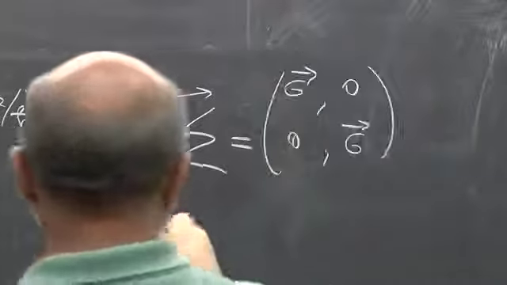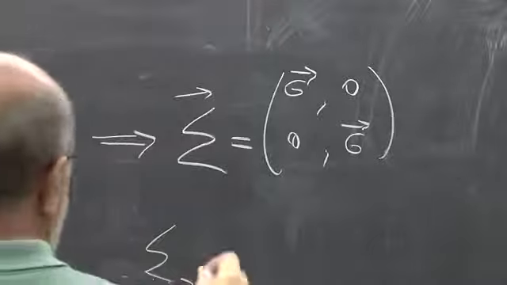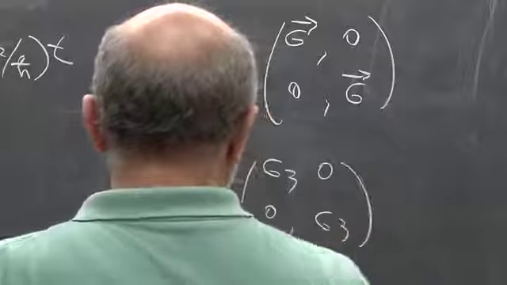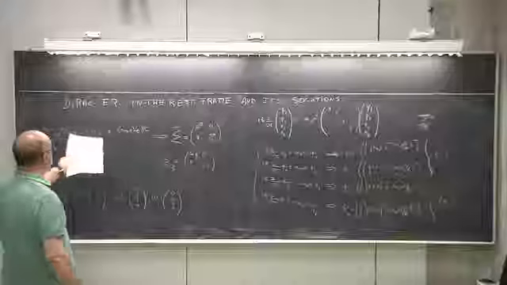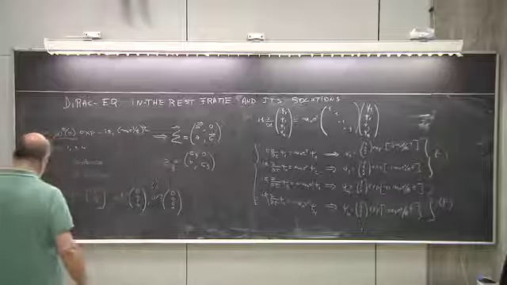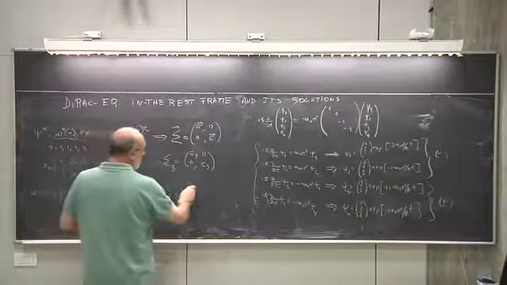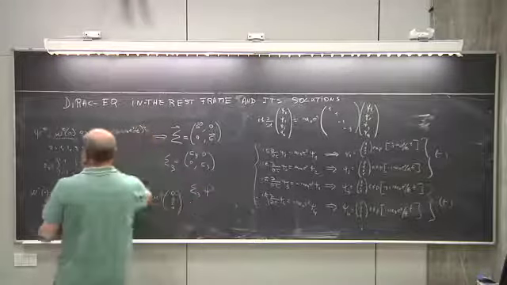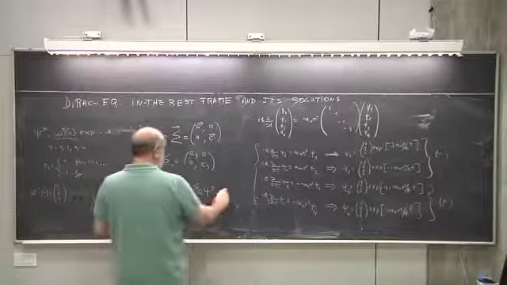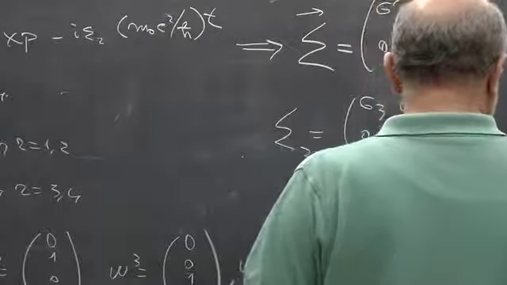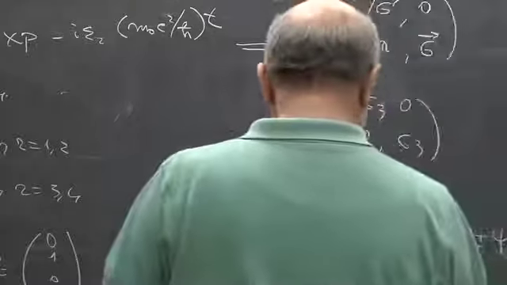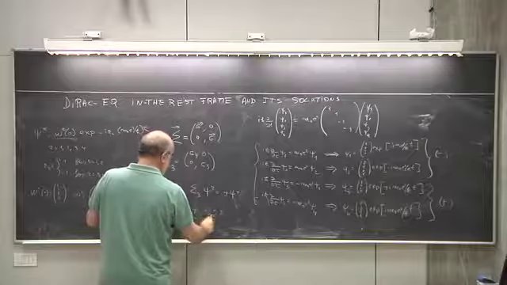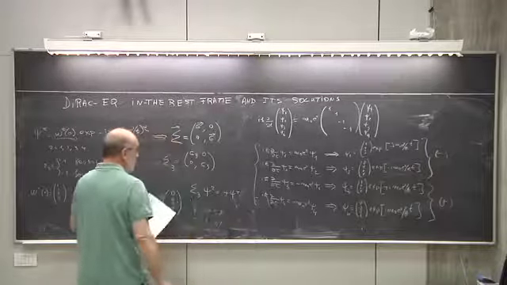Now, if you take sigma 3, that is sigma 3, 0, 0, sigma 3, then it's easy to see that these are eigenstates of this sigma 3. And in particular, it's easy to prove that if you take sigma 3 psi r, where psi r is this solution, you get plus or minus psi r, with the plus for r equal 1, 3, and minus for r equal 2, 4. Okay?